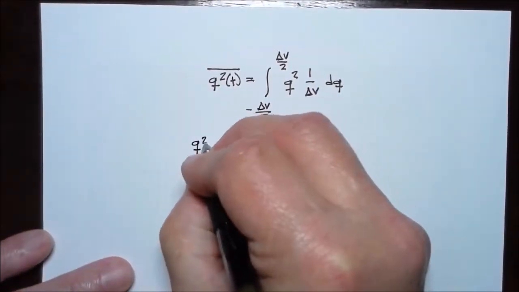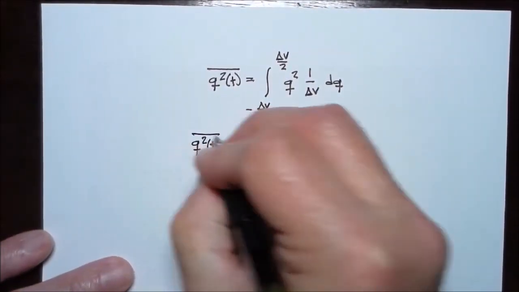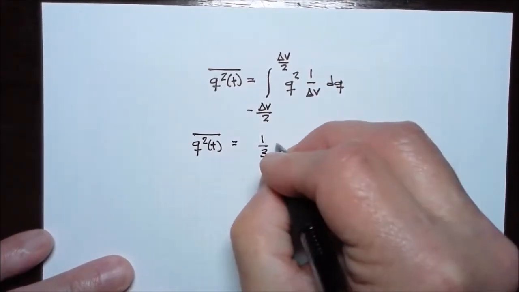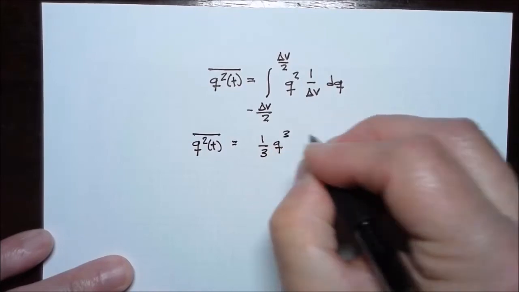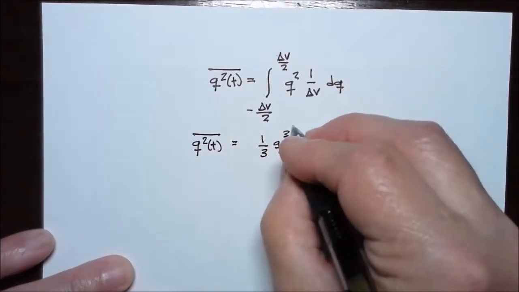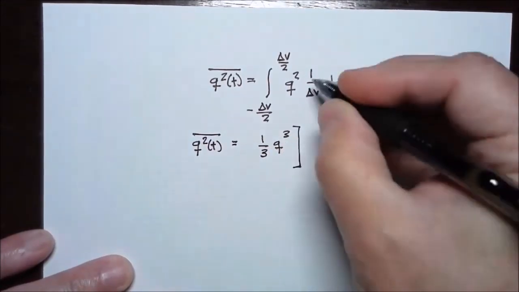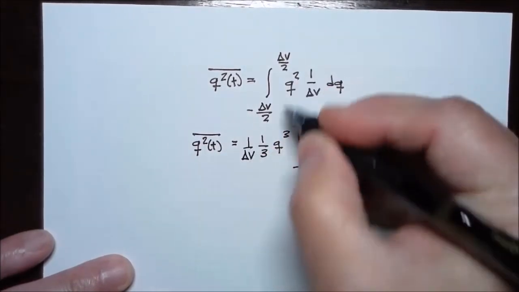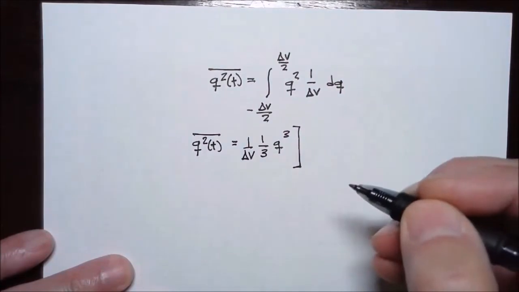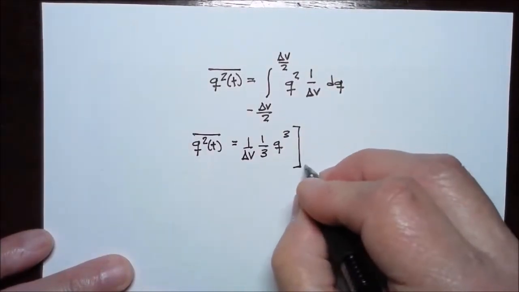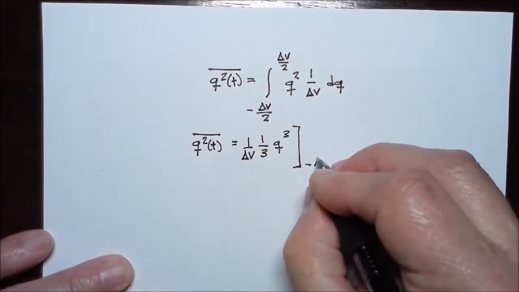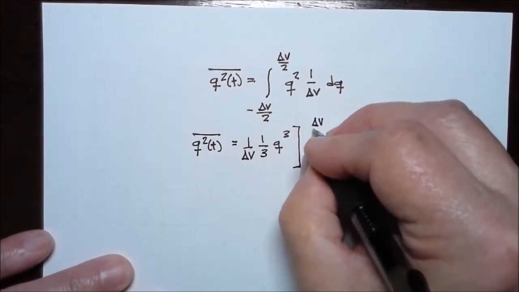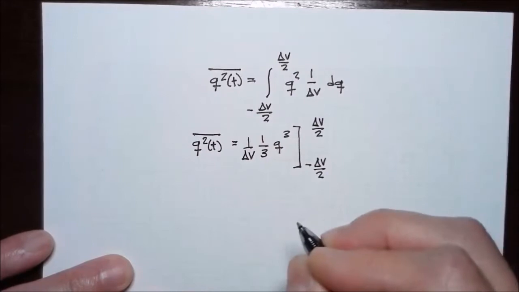So the noise power found from the statistical average is going to be 1/3 Q to the third power. I've got a 1 over delta V times 1/3 Q to the third power, and we're evaluating from minus delta V over 2 to plus delta V over 2.